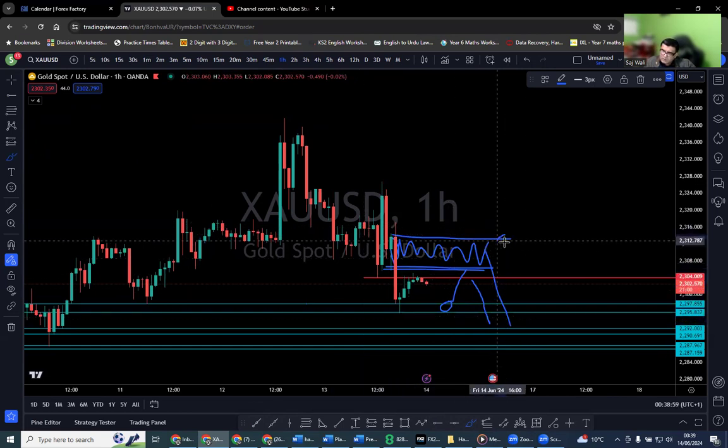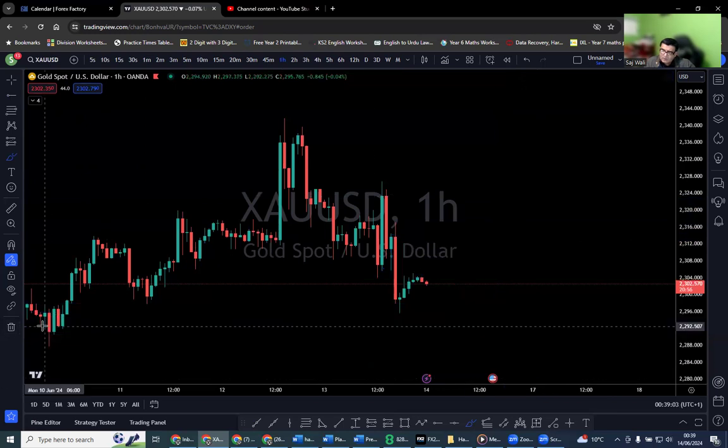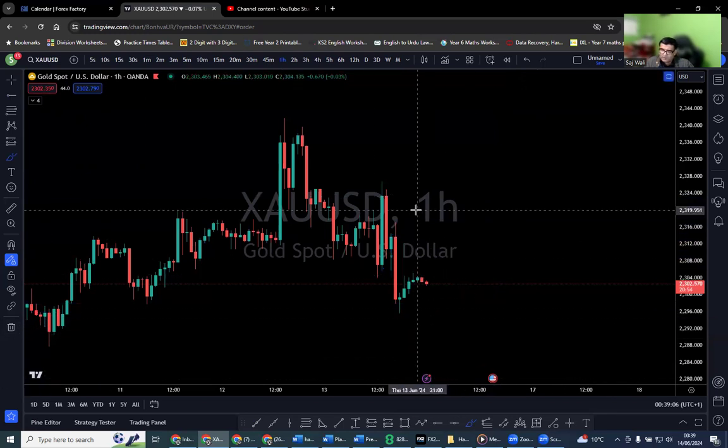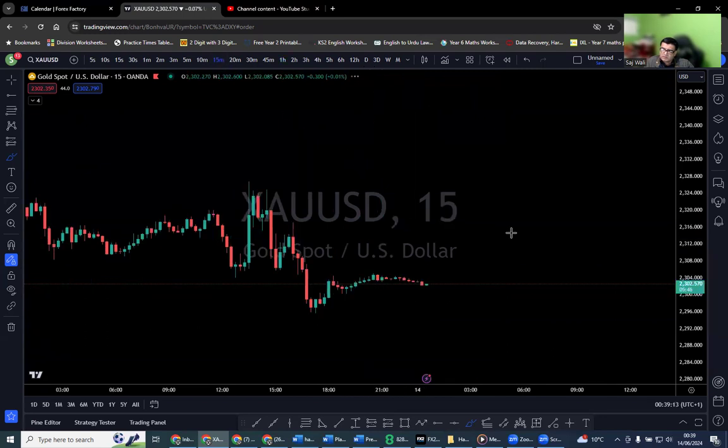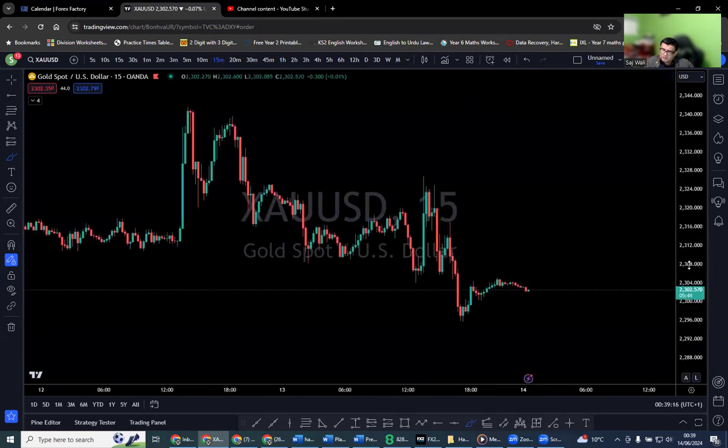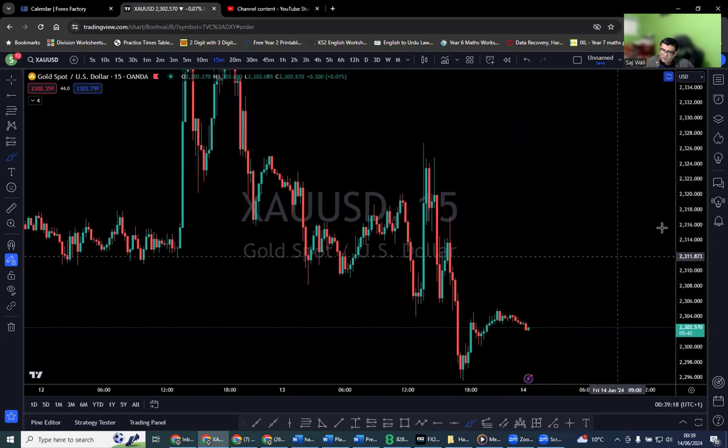However, if this level is broken, we can see movement to the upside. So that's it, guys. I hope it's clear.